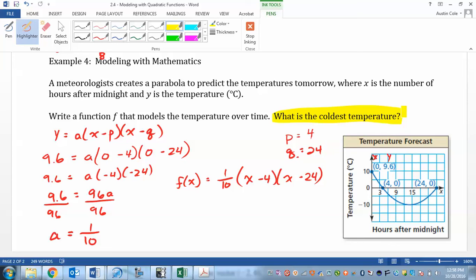Now, if this truly is a parabola, isn't the coldest temperature going to happen at the vertex? Isn't that a minimum? So what is our axis of symmetry here? Well, let's figure it out.